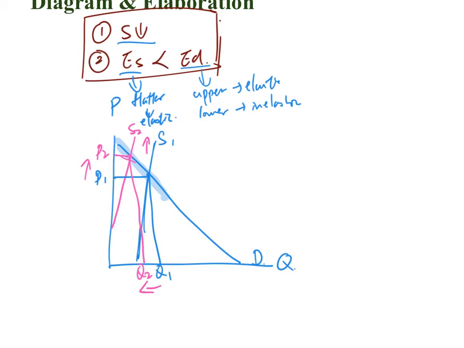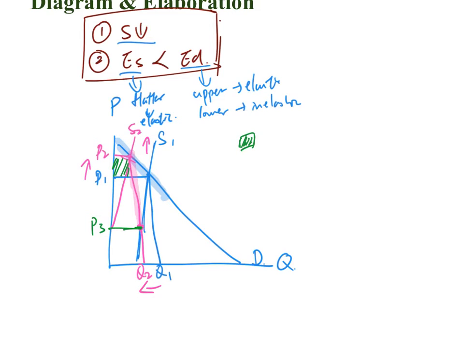Here we find a new equilibrium quantity. So we find the vertical distance between S1 and S2. Then we have the third line, that is P3 here.